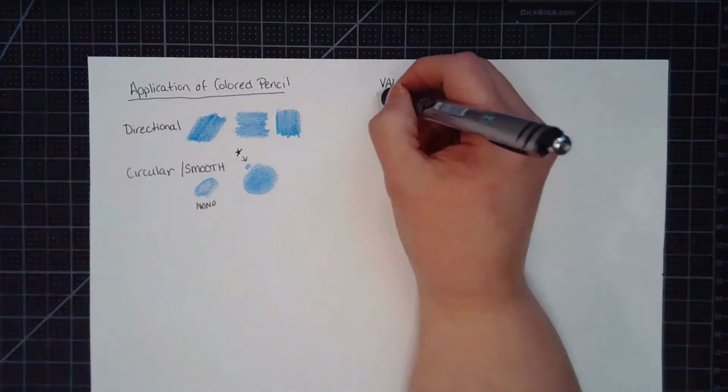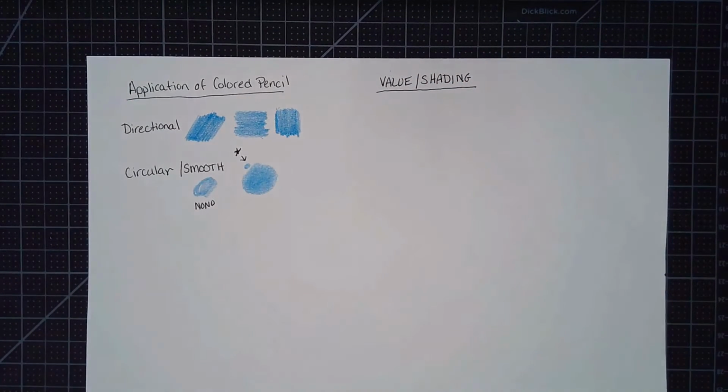So when we were working on the drawing part of our project, we were looking to use foreshortening and surface when drawing our objects. And now this week's lesson is on shading.